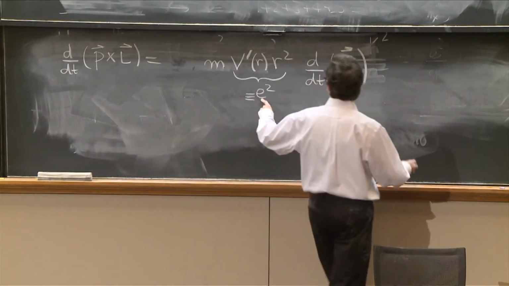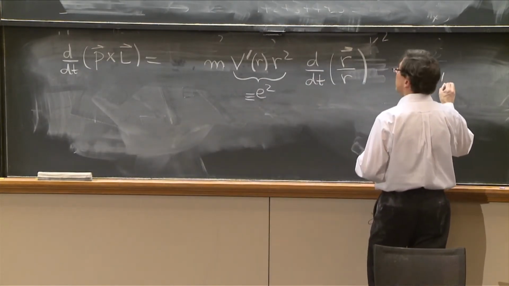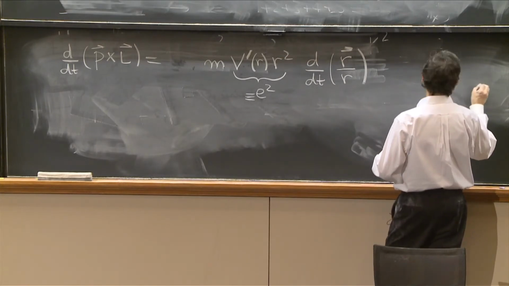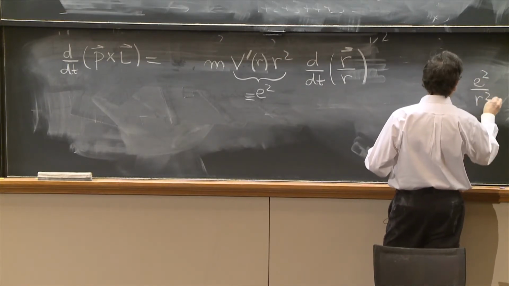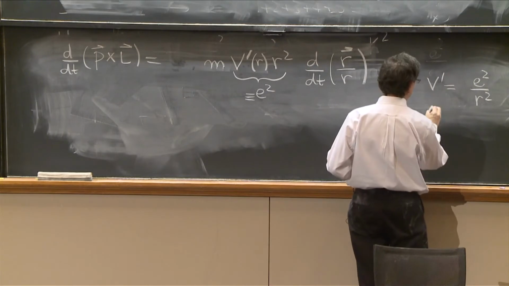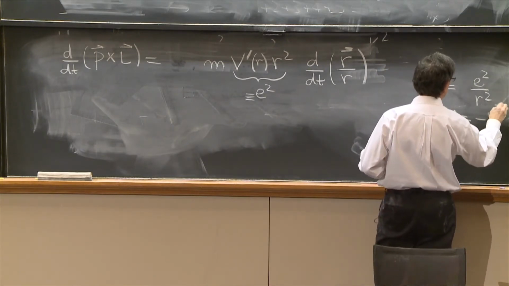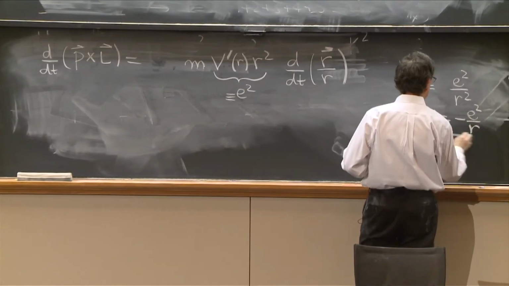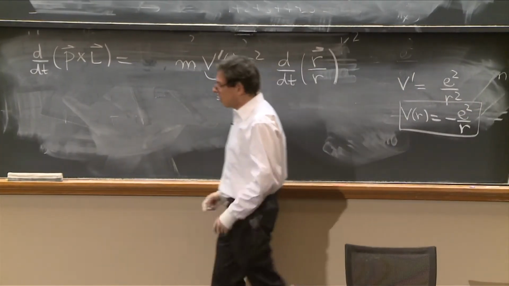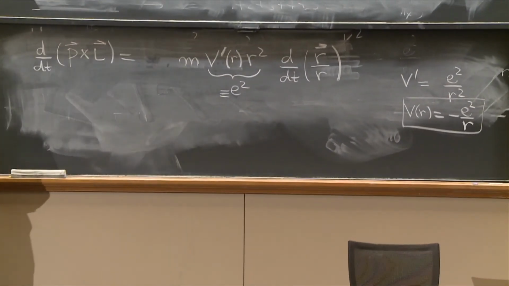But what is V prime? V prime equals e squared over r squared would give you that V of r is essentially minus e squared over r. That's the potential of hydrogen, the 1 over r potential, 1 over r squared force field.